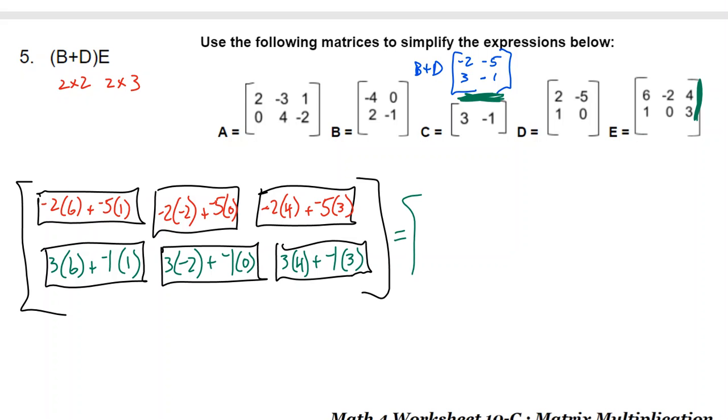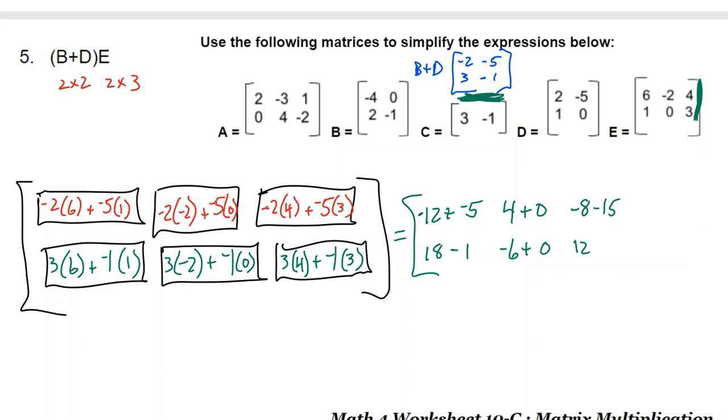And so now we're ready to start putting them together. -2 times 6, -5 times 1, 3 times 6, -1 times 1, -2 times -2, -5 times 0. Here we get a -6 plus 0. Here we get a -8 minus 15.